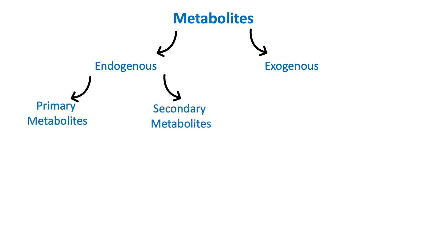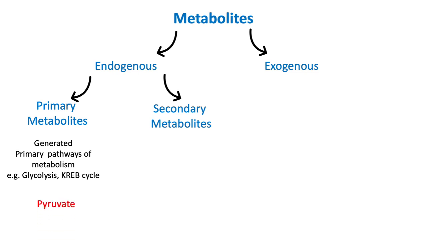Primary metabolites are generated through primary pathways of metabolism, for example, glycolysis and the Krebs cycle, and we can get pyruvate from glycolysis, while beta oxidation produces lipids and acetyl coenzyme A. These are all primary metabolites. Secondary metabolites are those which are generated by the combination of a few primary metabolites.